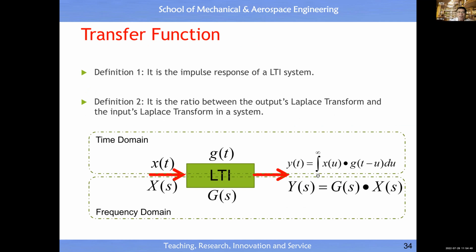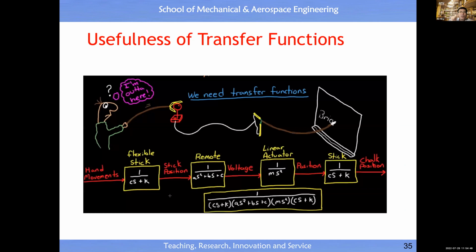Then this is the definition of a transfer function. Basically, it's a ratio between the Laplace transform of output and the Laplace transform of input, etc. All right? Then with the use of a transfer function, we can graphically visualize any complex control system, all right? It's like this professor uses his hand to control this flexible stick, then controls this joystick.